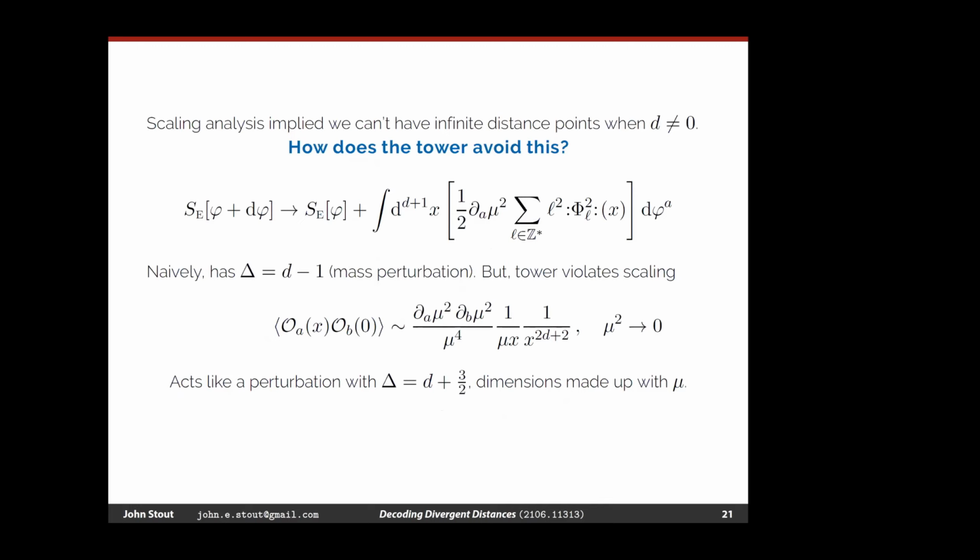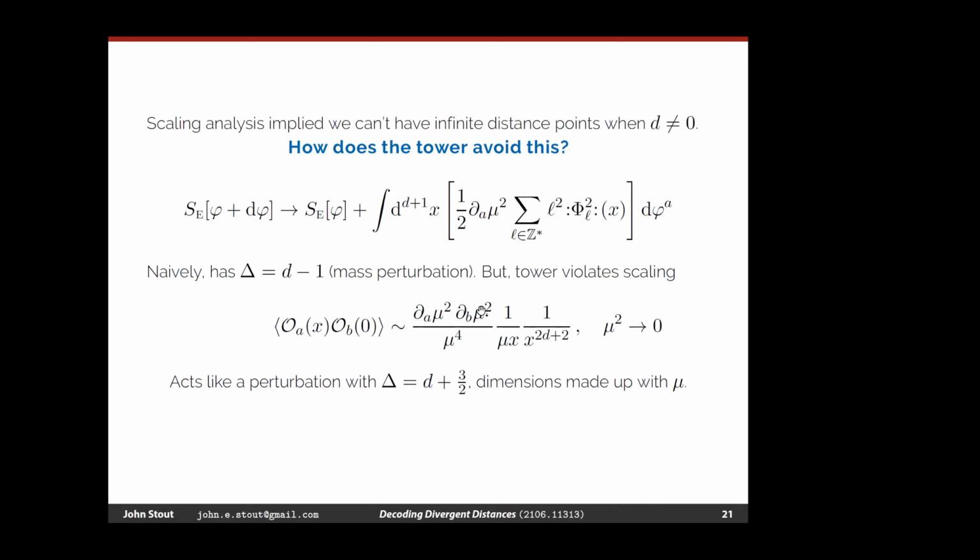Yeah, I will. Sorry. What you can do is look at the type of perturbation that changing the mass spacing does to the theory, and try to understand how the scaling analysis that we performed earlier was violated. Why do we get a distance point?